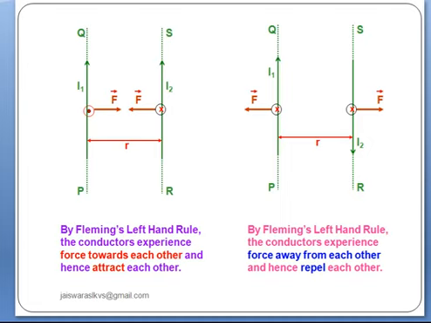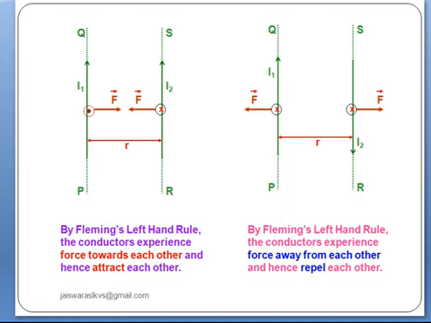On the other hand, the force acting on conductor RS will be to the left side, meaning the magnitude of force acting on both the conductors PQ and RS will be the same but opposite in direction. So we can conclude that the forces are towards each other, and hence there is a force of attraction.